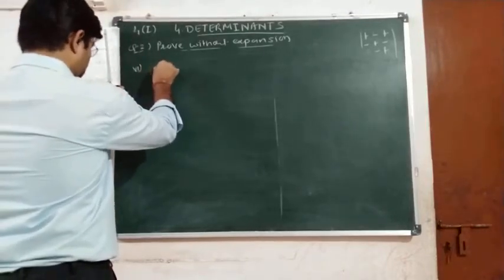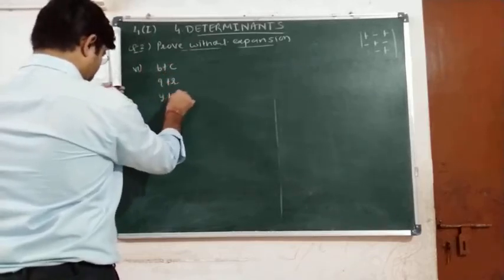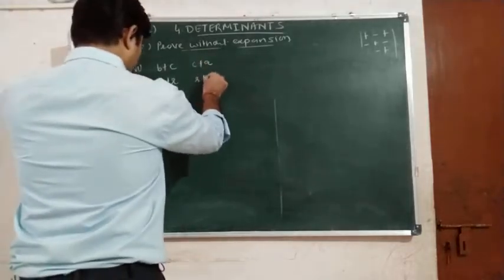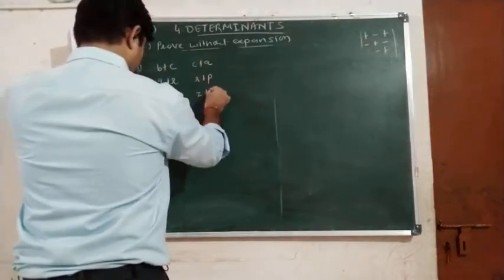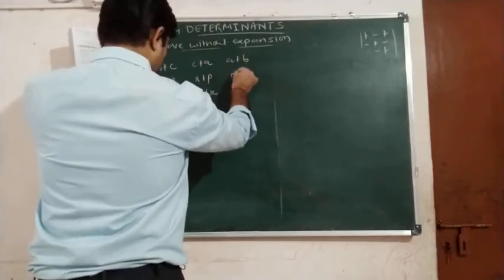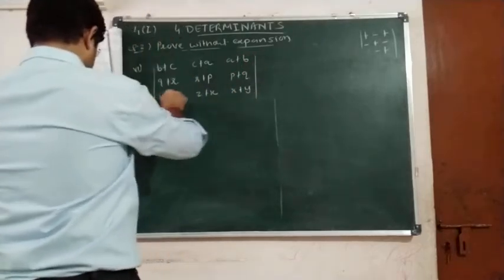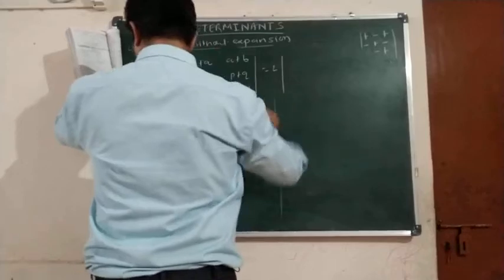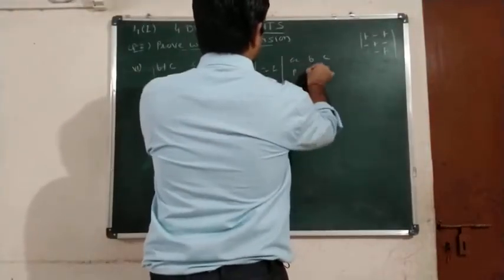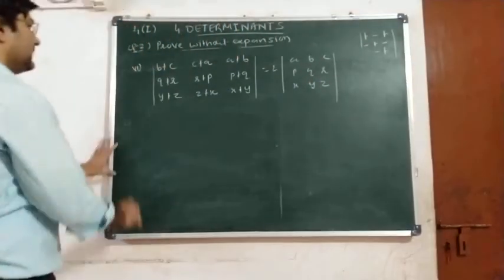Number 6: B plus C, Q plus R, Y plus Z; C plus A, R plus P, Z plus X; A plus B, P plus Q, X plus Y equal to 2 into A B C, P Q R, X Y Z. Okay, let us take the left hand side, LHS.